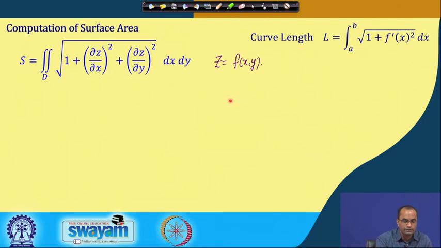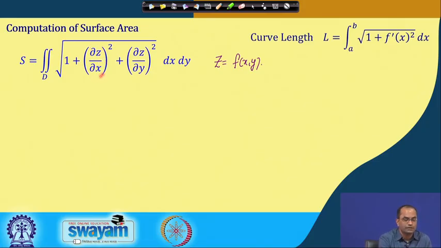So, this is the surface here, and now we can get the surface area again similar to what we have for the one dimensional case. We have the double integral, we will discuss what is the domain here now, and the square root we will take of 1 plus, similar to here where we have the derivative, here also we have the first order partial derivative.